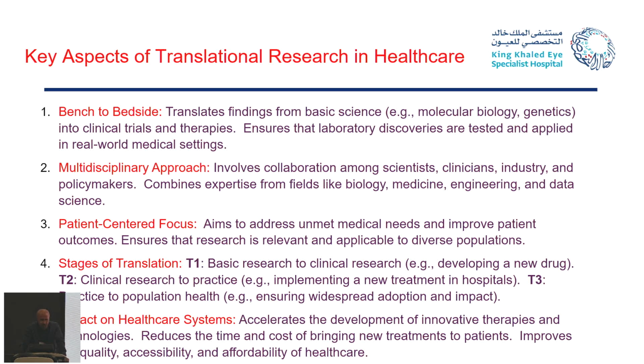And three, practice to population health, where you can use it for screening populations and so on, ensuring widespread adoption and monitoring the impact on the healthcare system as a whole. This is point number 5, the impact on the healthcare system. You accelerate the development of therapies, and you reduce the time and the cost involved in translating science from bench to bedside.